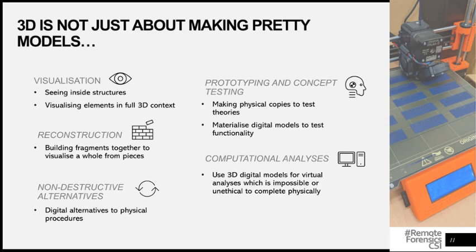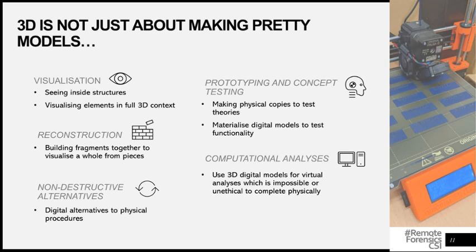It gets wheeled out quite a lot as this visualization, but actually there's a lot of science underpinning it that means we can use it for things like reconstructions. We can build fragments together and visualize a whole element from just the pieces, like the physical fit analysis of that bone.